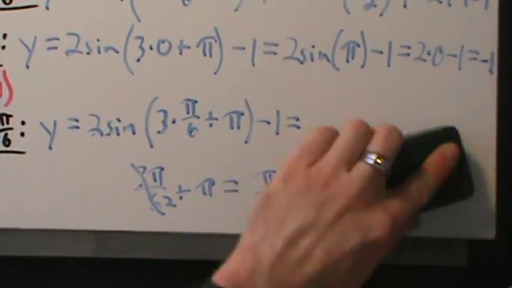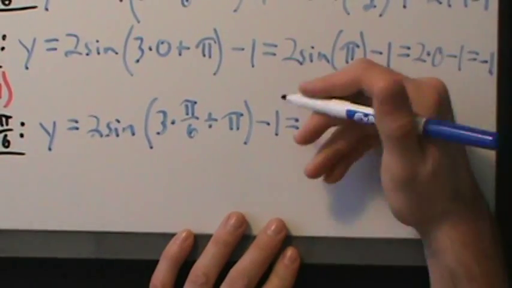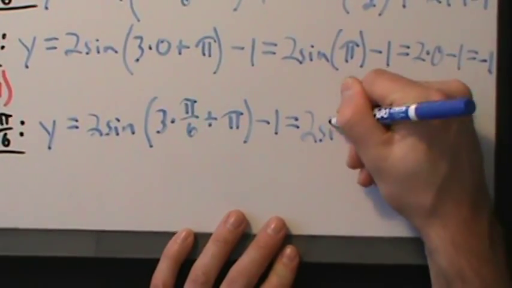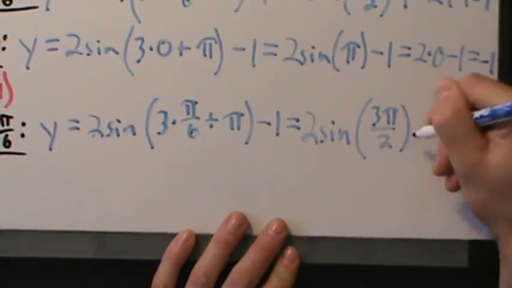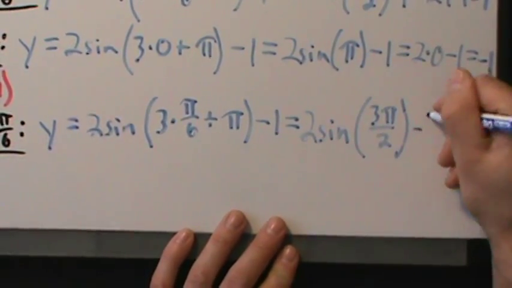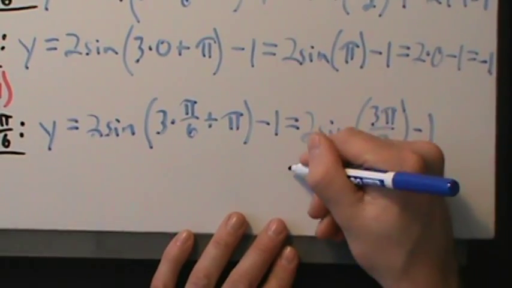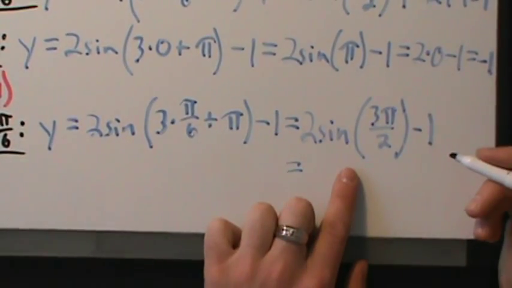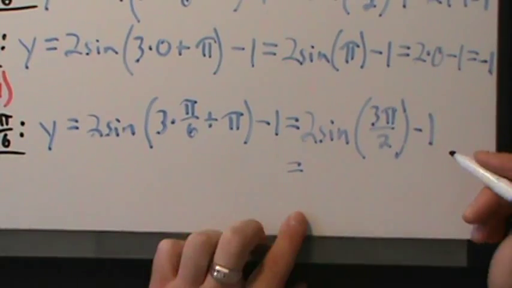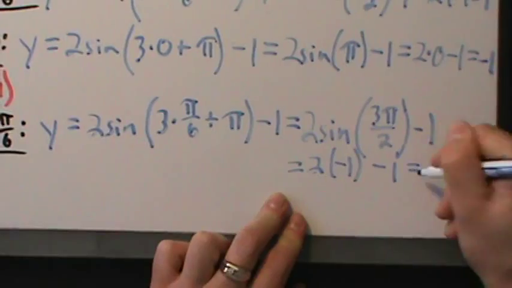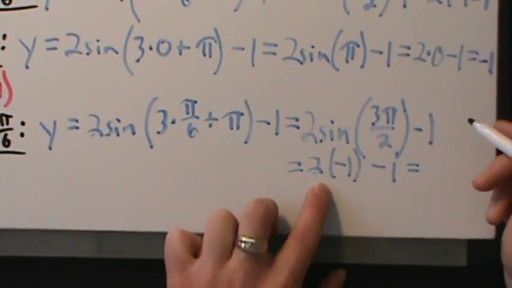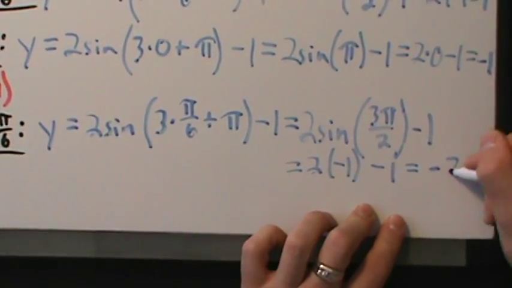So let's erase this. Then this is 2 times the sine of 3 pi over 2 minus 1. Sine of 3 pi over 2 is negative 1, so this is 2 times negative 1 minus 1. 2 times negative 1 is negative 2, and negative 2 minus 1 is negative 3.